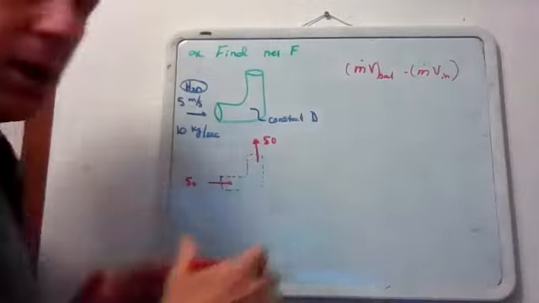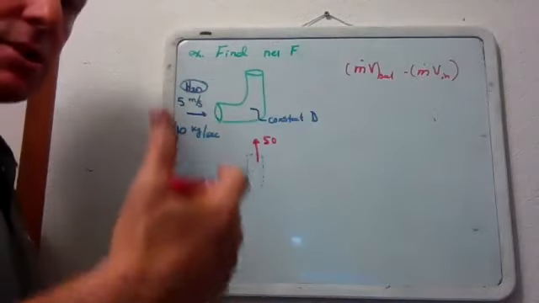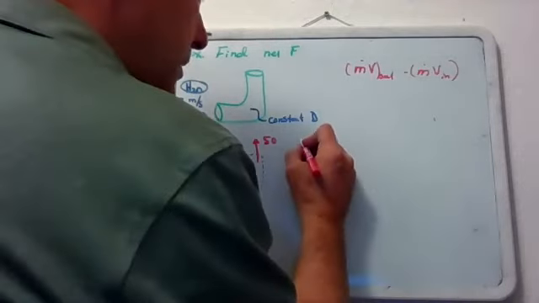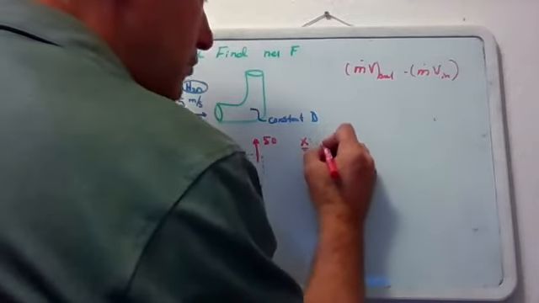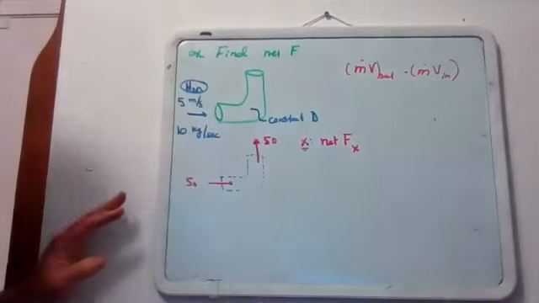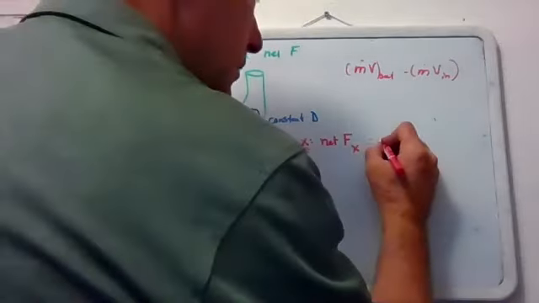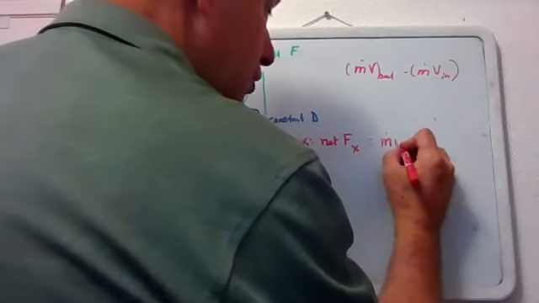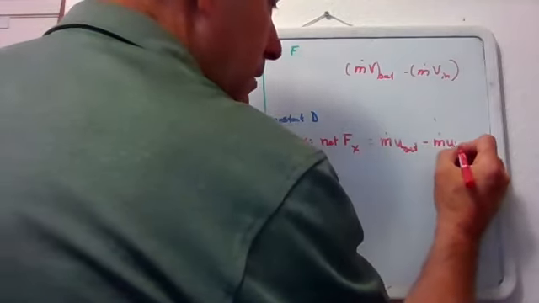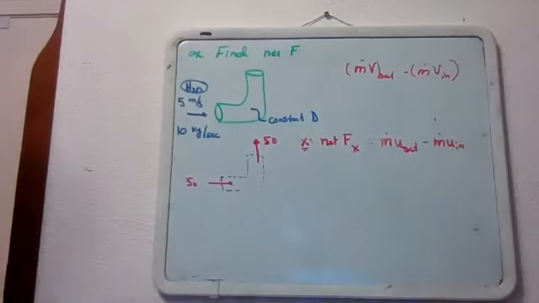We can take our theorem, sometimes called the linear momentum theorem, to figure out forces on a control volume, and we can write an x equation, which would be the net force on the fluid going through the control volume in the x direction is equal to m dot u out minus m dot u in. And then there'll be a corresponding one in the y direction.